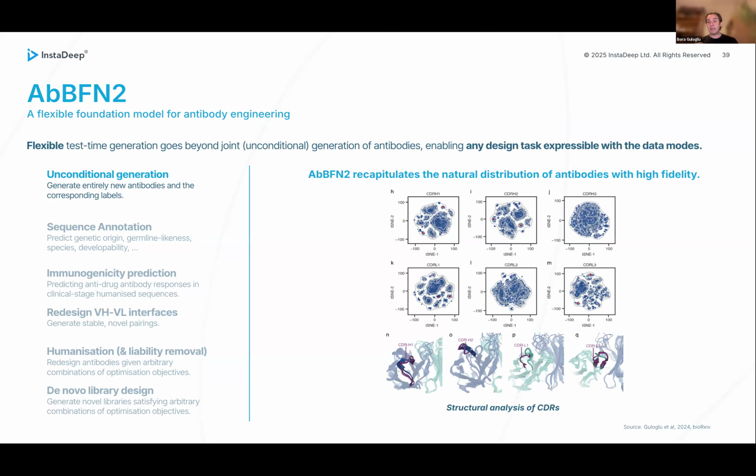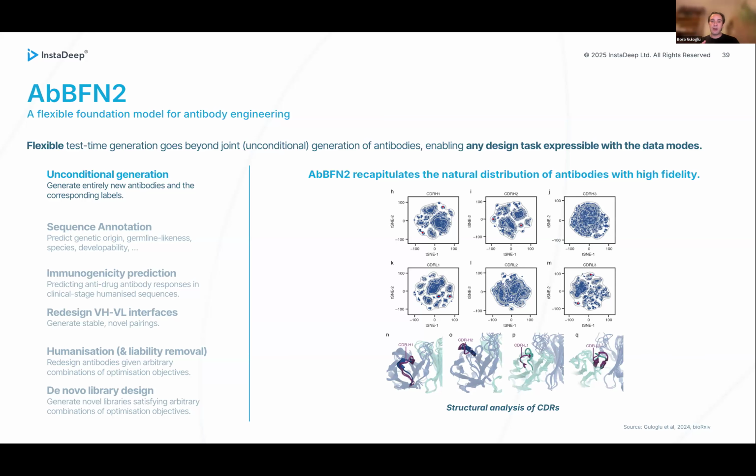Whereas for the other loops, we expect to find these known clusters. And we recapitulate these as well, right? Especially for L1, it's very visible that we get the same peaks in this distribution across both the OAS holdout data and the generated samples.